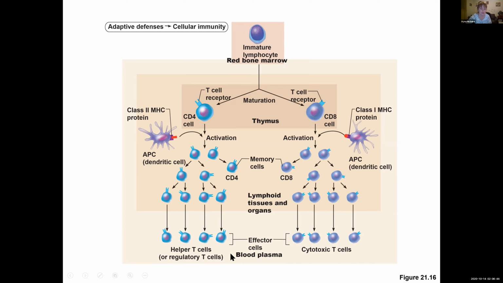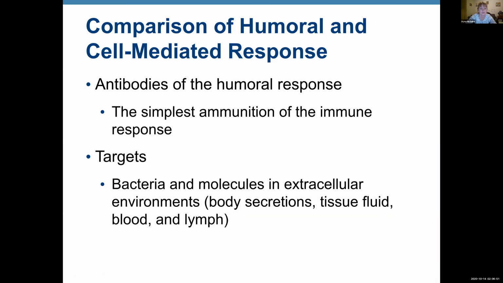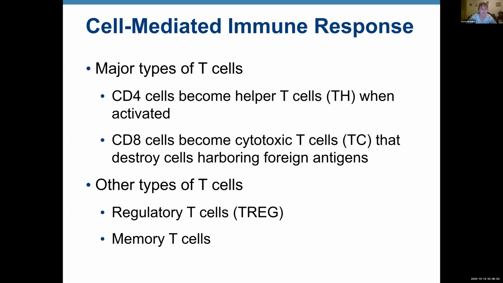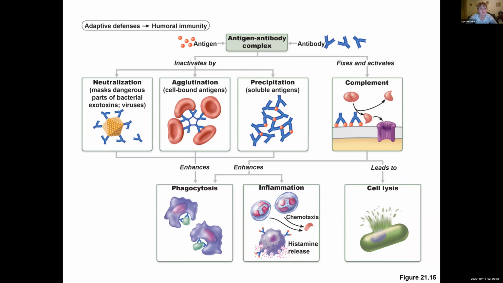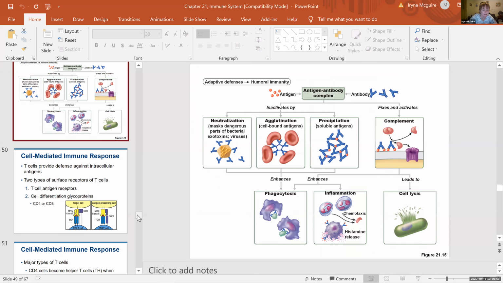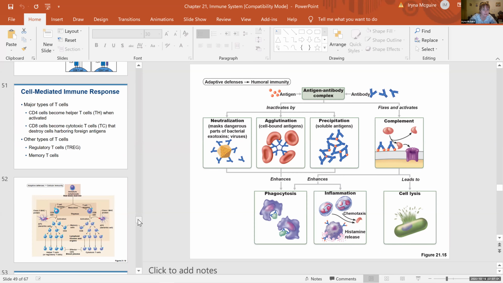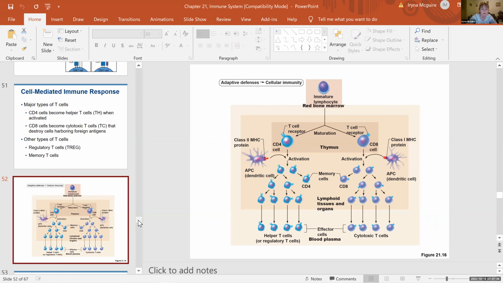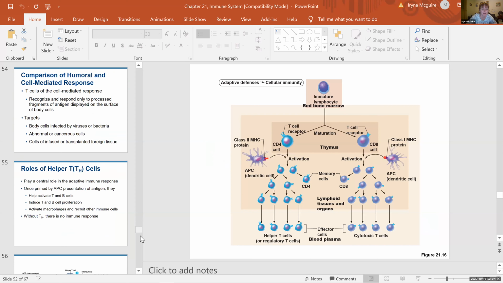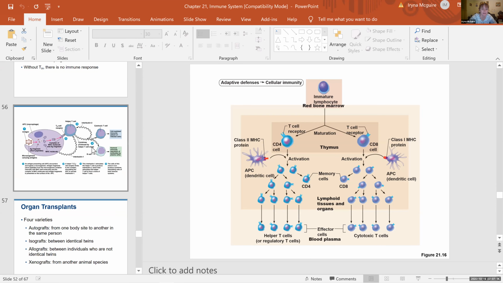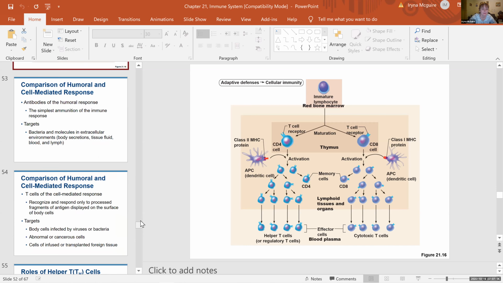Now, these cells are circulating in your blood, and cytotoxic T cells are going to destroy your own cells that are affected by the intracellular pathogen, and helper T cells have a very important job that we will cover in this slide.